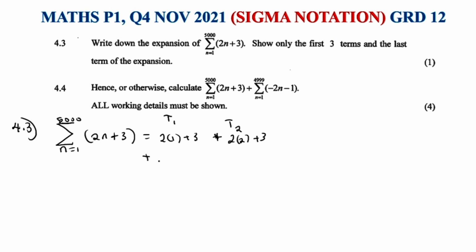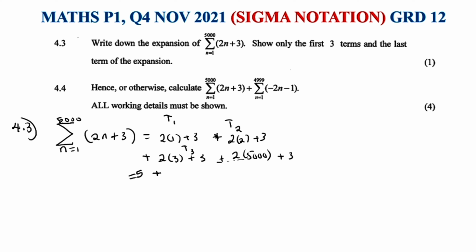Then at the bottom, 2 times 3 plus 3 is T3. They must also find the last term, 2 times 5,000 plus 3.